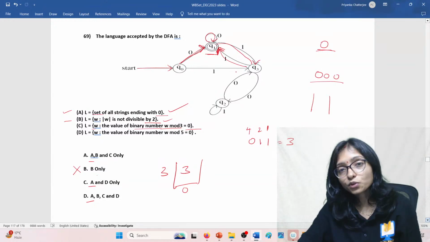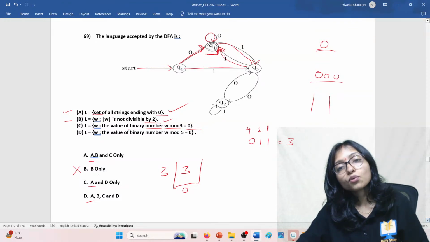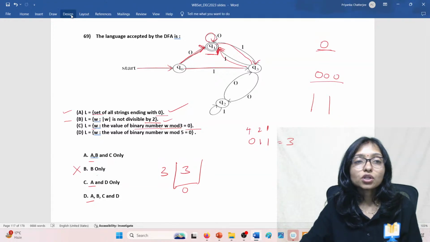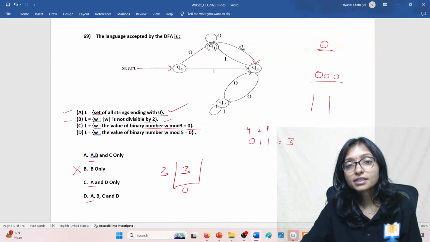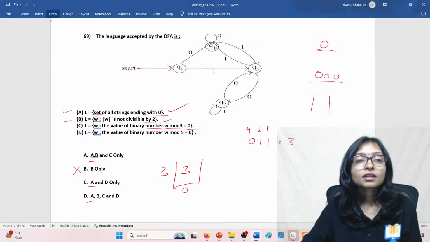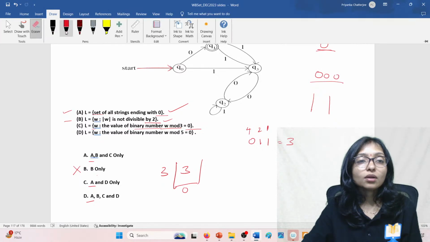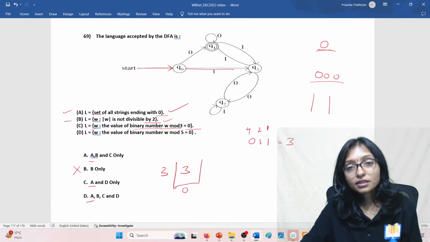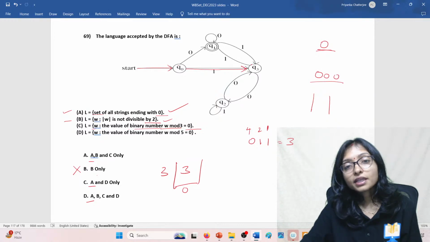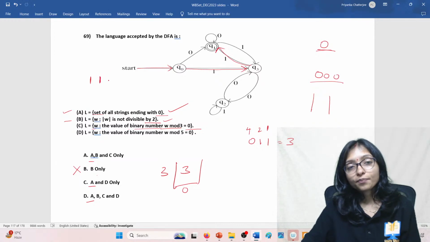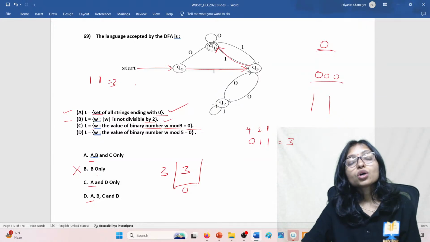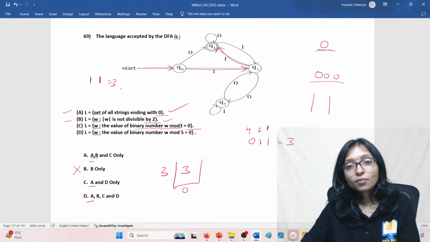Other than that, we have to check. If I go in this direction, then I get 1, 1. In this question also, if I come in this direction, all possibilities you have to check, right? You have to check all the possibilities. If I go in this direction 1, then if I come in this direction 1, 1. This is 1, 1, which also means 3. So this is also mod 3. No problem.